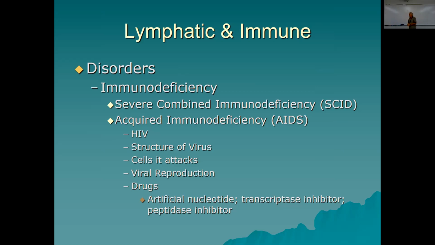And it's really good because lytic viruses kill the cells they're in. Like polio was a lytic virus. It kills the cells it's in, and it infects motor neurons. So when it makes new viral particles and kills this motor neuron, you don't get motor neurons back. And that's how people would be paralyzed by polio. Fortunately, herpes viruses also infect nerve cells, but they don't kill the cells they're in.